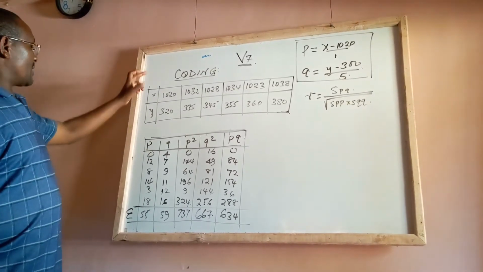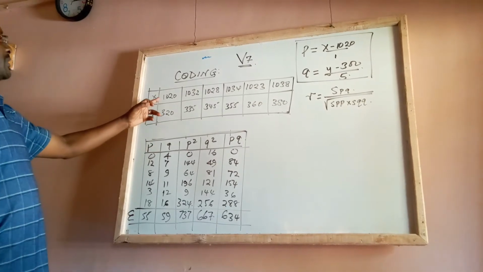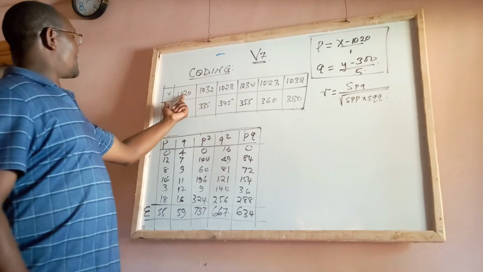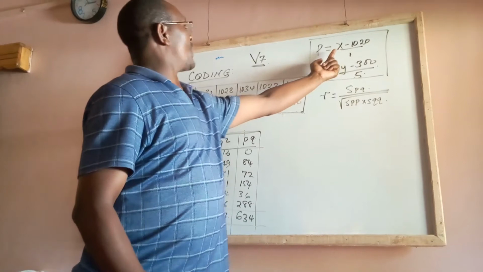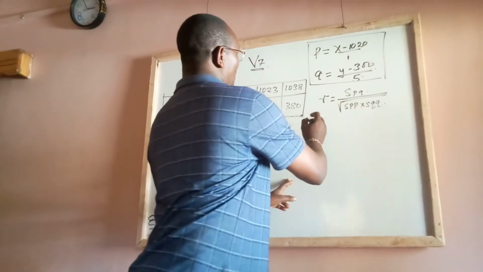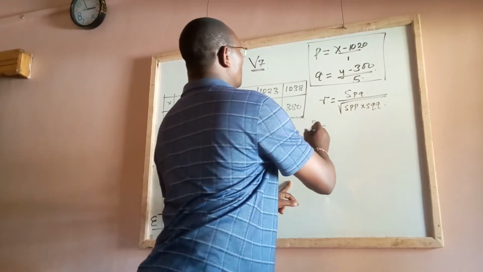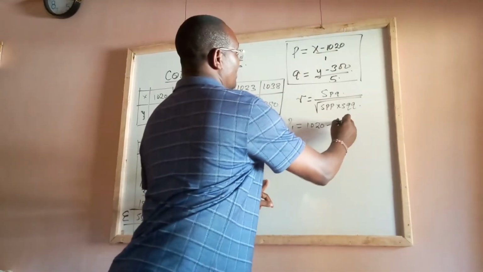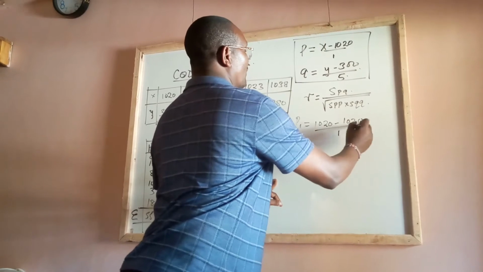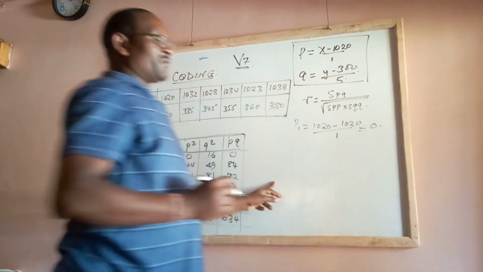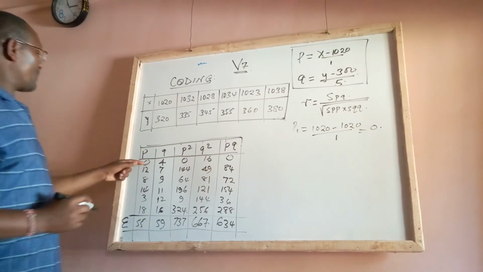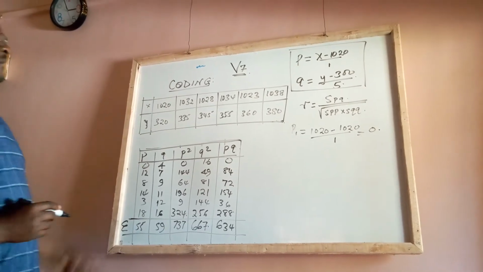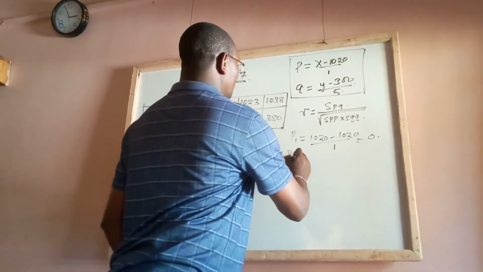For instance, the first p is going to be realized after we take the very first x, which is 1020. If we call it p1, it is 1020 minus 1020, everything over 1, and obviously the value of p1 is going to be 0. That's why we are having this 0 here. What about p2?